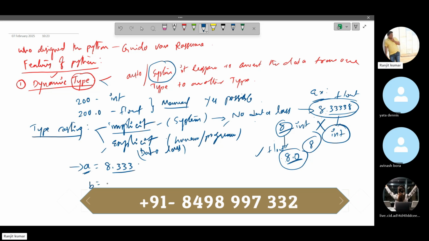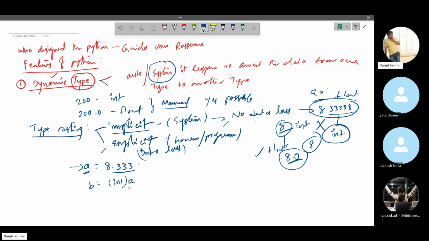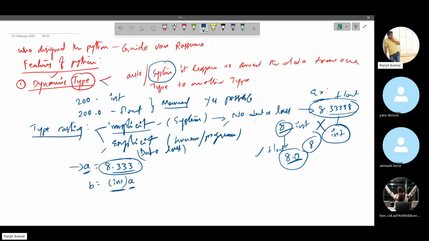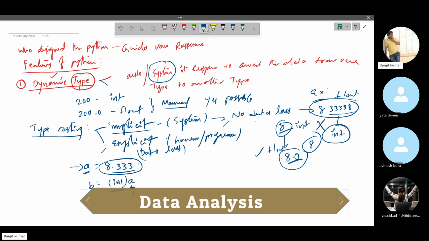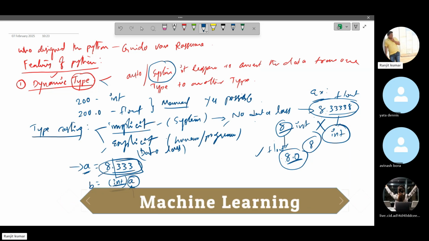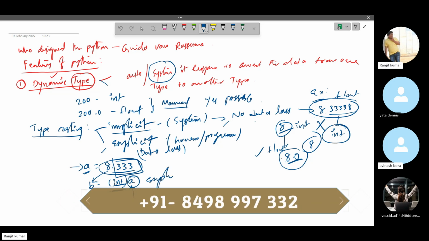For example, B is equal to int of A, where externally we have to specify A. When I put the integer type with A in brackets, the system understands that the programmer wants to convert this data into an integer. That means it will cut the point values and 8 will be sent to B. This is called explicit typecasting.